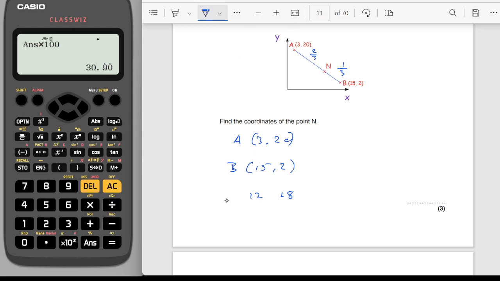If I look at 2/3 of the difference, 2/3 of 12 is going to be 8, and 2/3 of 18 is going to be 12. So that's the difference from this coordinate here. So the coordinate of N is going to be equal to 3 plus 8, and that's getting bigger, but the other coordinate is getting smaller, so it would be 20 minus 12. So the coordinate of N would be 11, 8.